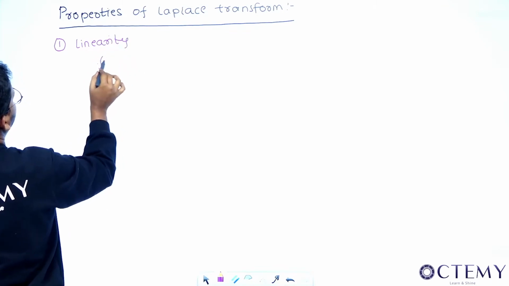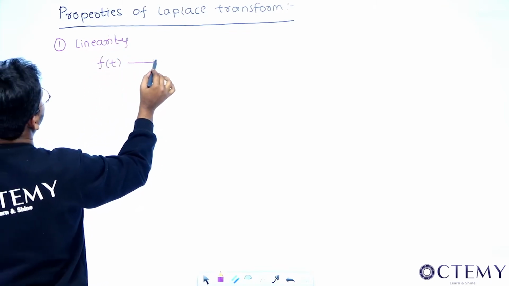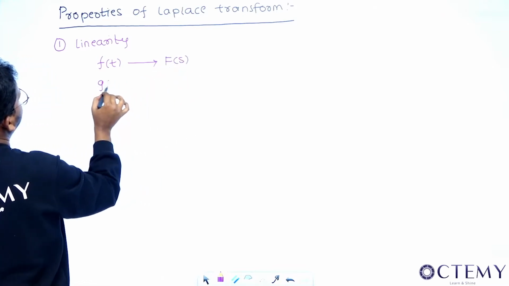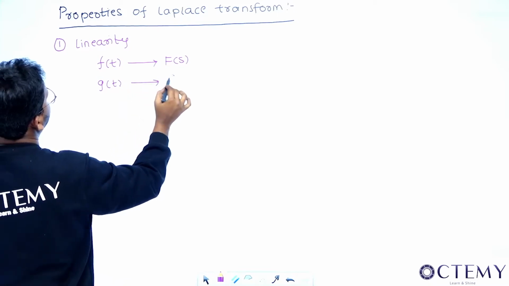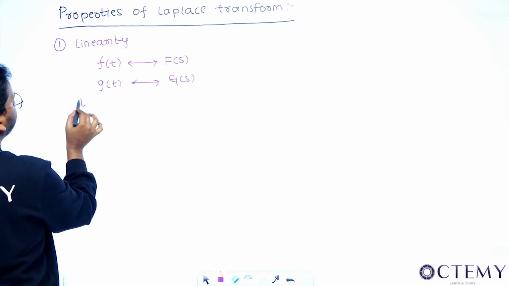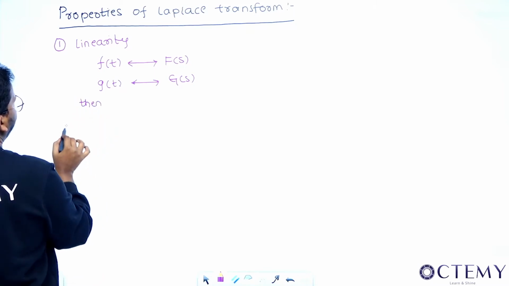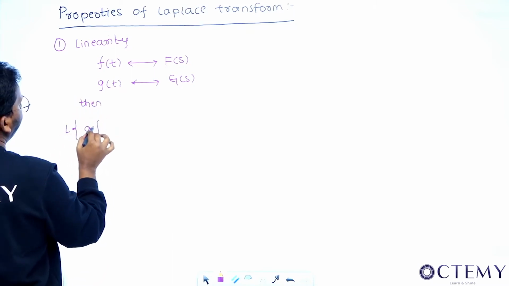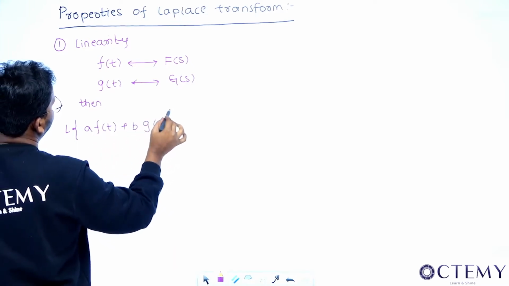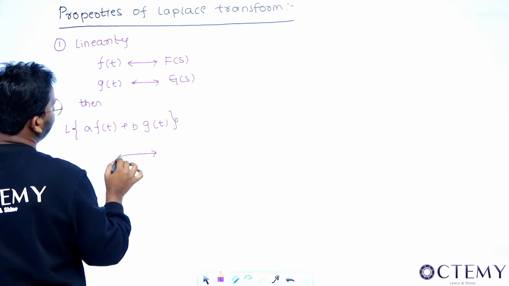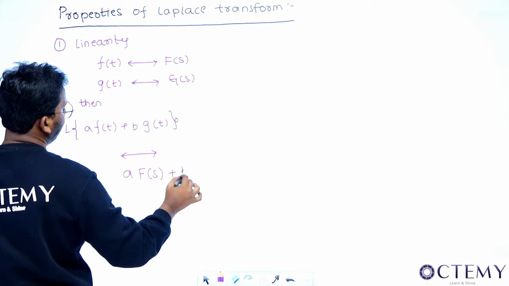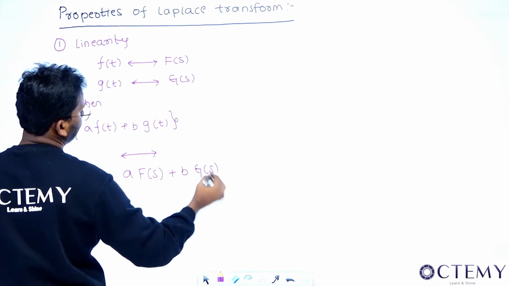That means if the Laplace transform of f of t is F of s and the Laplace transform of g of t is G of s, either way is also possible, then the Laplace transform of a into f of t plus b into g of t will be equal to a into F of s plus b into G of s, right?